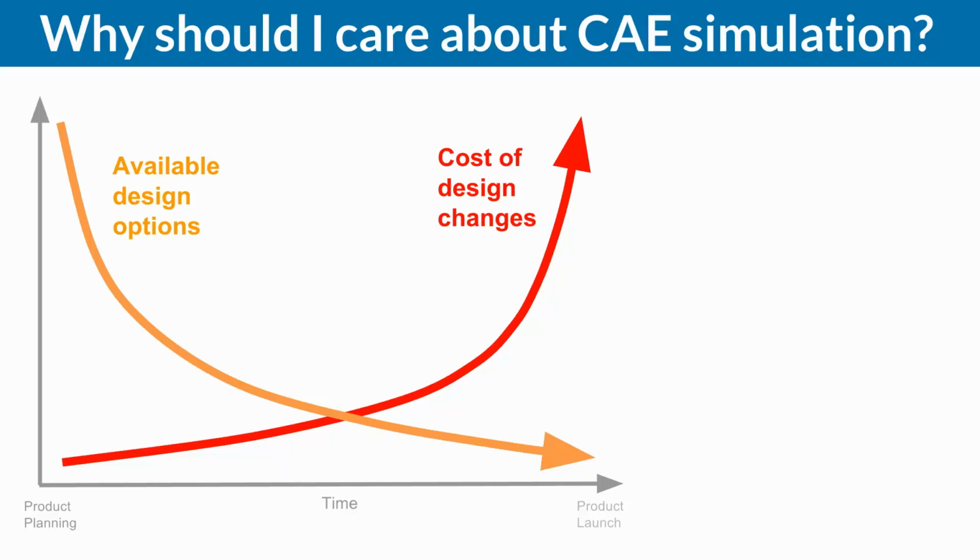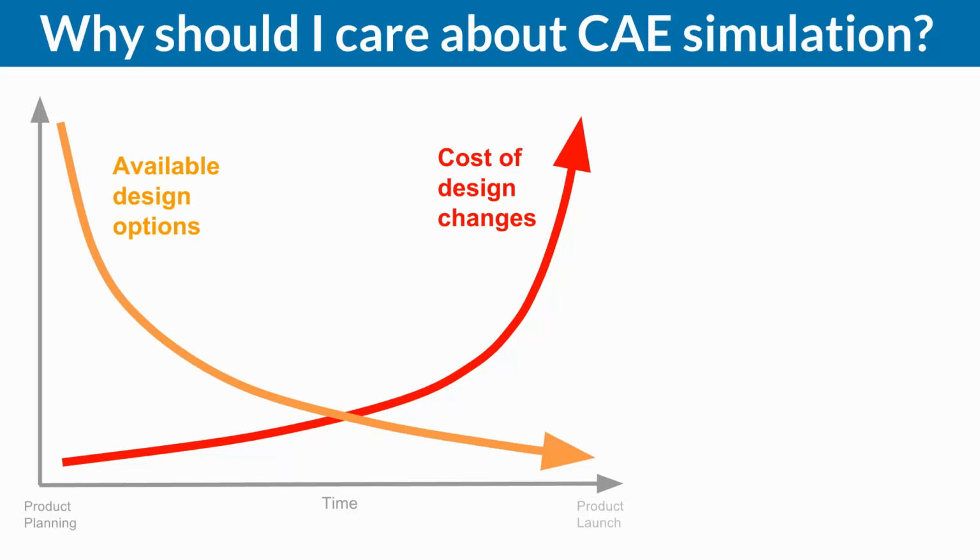Whereas later in the design process, as I come close to the product launch, the cost of implementing design changes increases rapidly, and in a lot of cases the change can rarely be realized completely. During my process, I create a lot of dependencies.